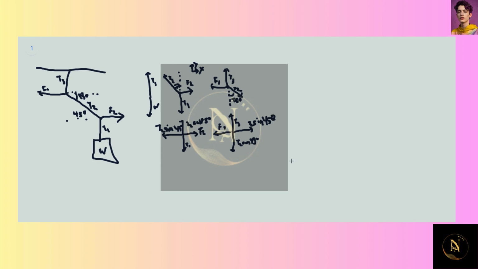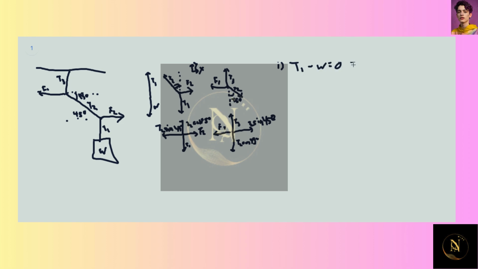So if we look here and set up our Newton's second law equations going down our free body diagrams, in the first one we have just T1 minus W equals 0.